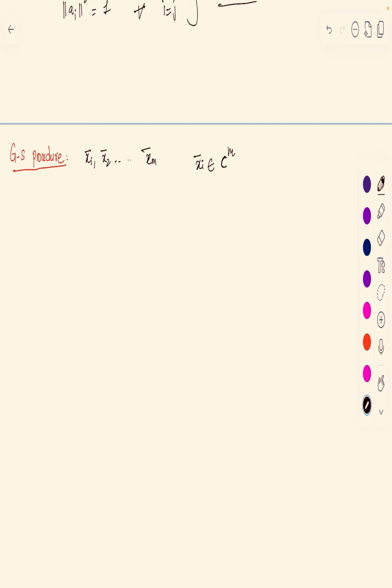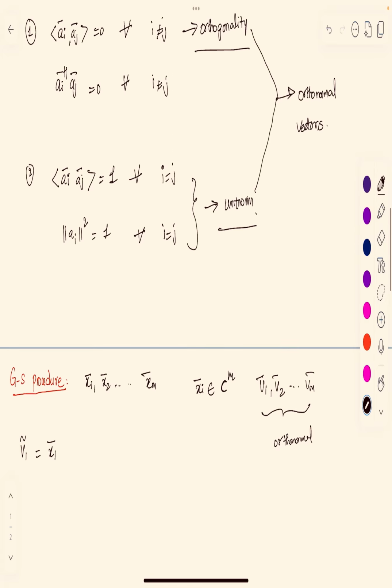Okay, so this is what we have, and we would like to find v1 bar, v2 bar, and so on, vm bar, where these are all orthonormal basis vectors which span the same subspace as x1 bar, x2 bar, and so on, xm bar. Okay, so I'll define v1 tilde equal to x1 bar. And one of the criteria of orthonormality is that every vector defined in this orthonormal basis set should have unit norm.